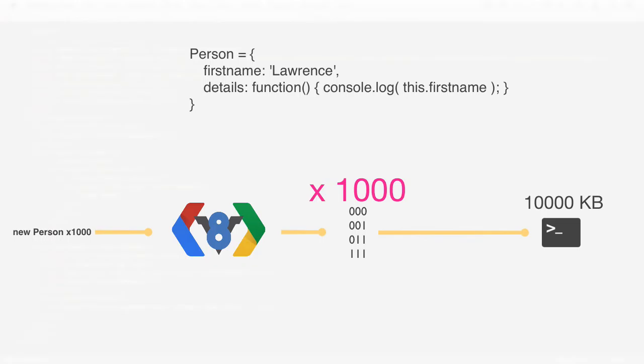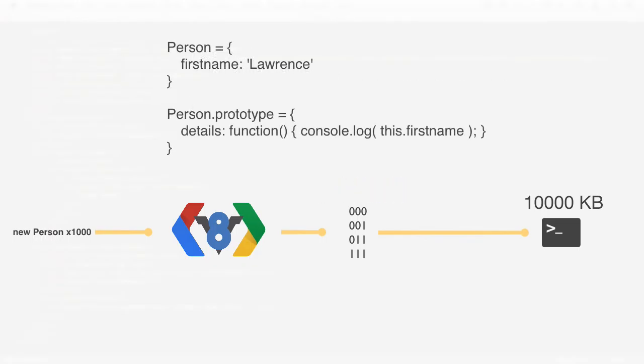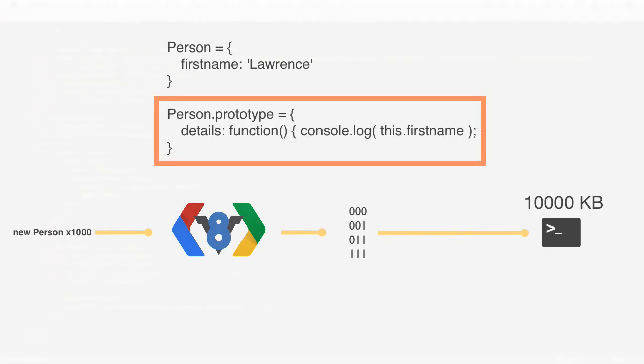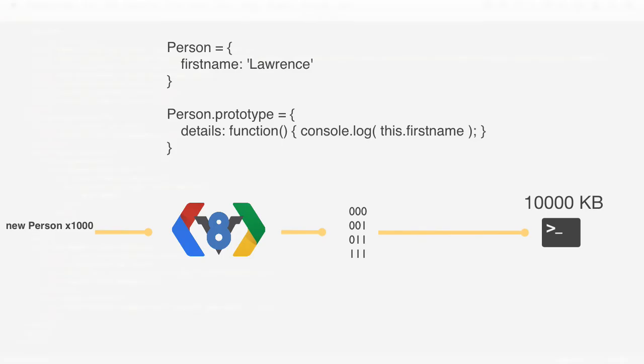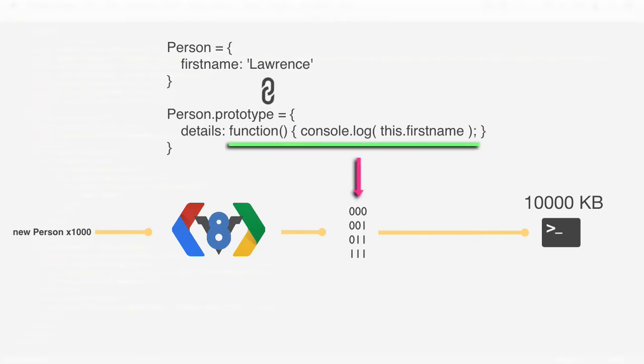To solve this, we use prototype, which simply put is a shared object. Now when I create 1,000 new person objects, the prototype or shared object will be attached to it. As the function is contained within the shared object, it is only compiled once instead of 1,000 times, and that makes it much more efficient.